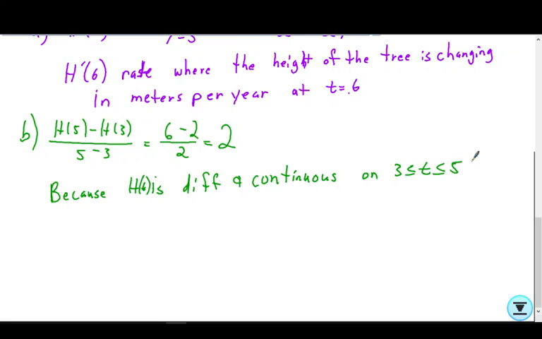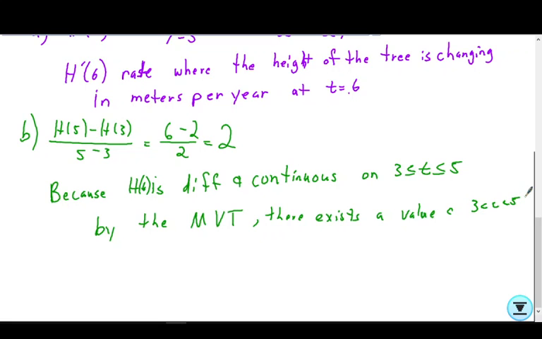So on that interval that we're looking at, by the mean value theorem, and I'm just going to write MVT, there absolutely exists a value, we're going to say c, in between 3 and 5, where h prime of c equals 2. And that's it. So we're using the mean value theorem here.